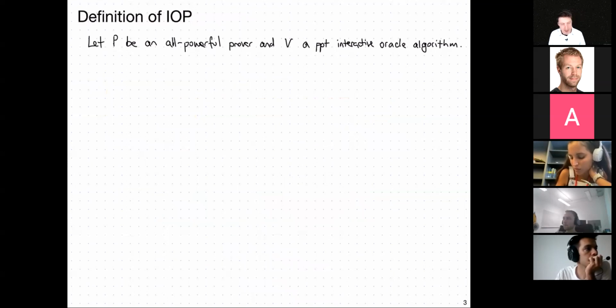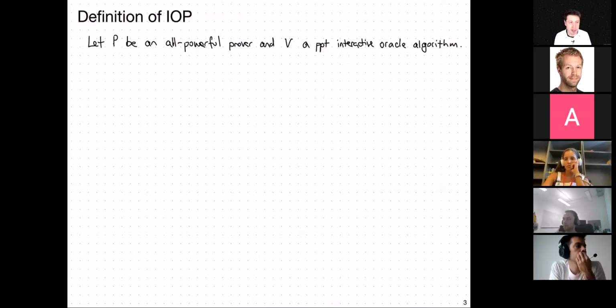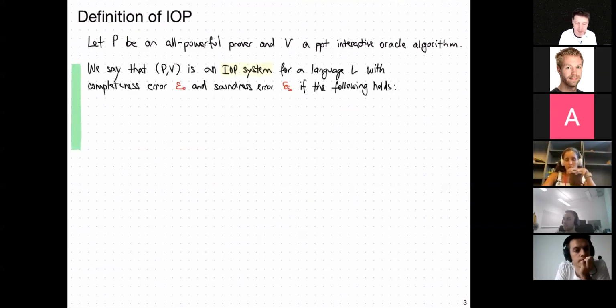So to just go through the motions a bit more precisely, suppose you give me an all-powerful prover P and a probabilistic polynomial time interactive oracle algorithm. So interactive oracle algorithm just simply means that the algorithm has tapes to interact with some other machine, right? And also has the capability to write down queries and get back an answer, right?